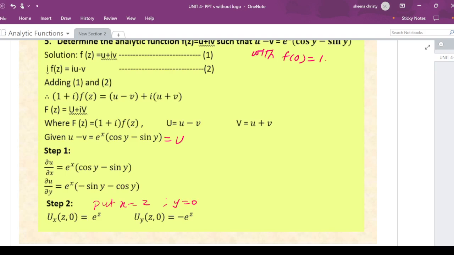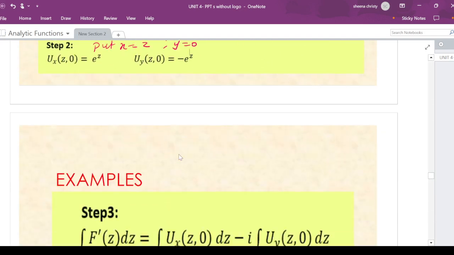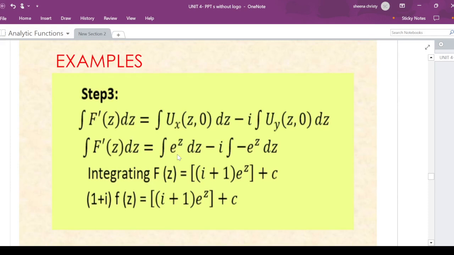Now you are going to substitute in the formula. So what is the formula? The integral of F'(z) is the integral of Ux(z, 0) dz minus i times the integral of Uy(z, 0) dz.